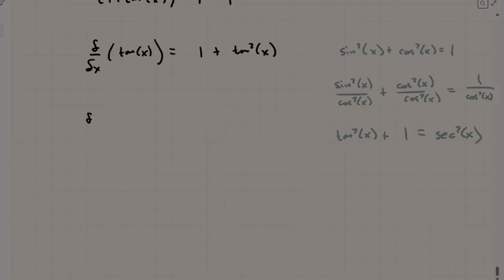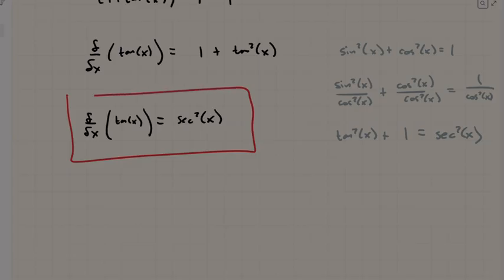And so it's more commonly written that the derivative of tangent of x is secant squared of x. I guess technically both would be true, but that's the more accepted answer.